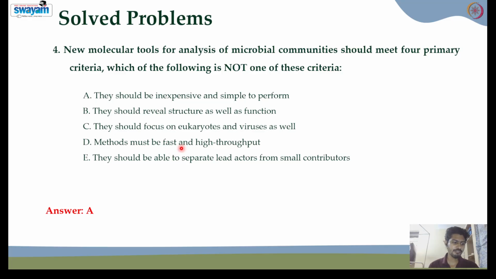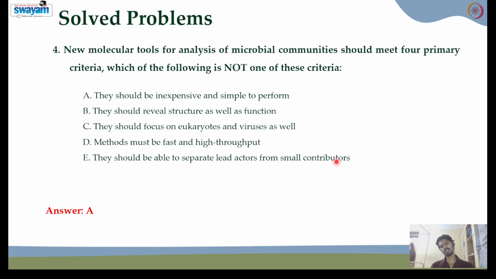And we know that it should be fast enough and it should be high throughput. That is, it should handle a large amount of complex data very quickly and very efficiently. And they should be able to separate the lead actors from the small contributors, which means it should be able to distinguish our microbial community's lead actors from all other unwanted actors.